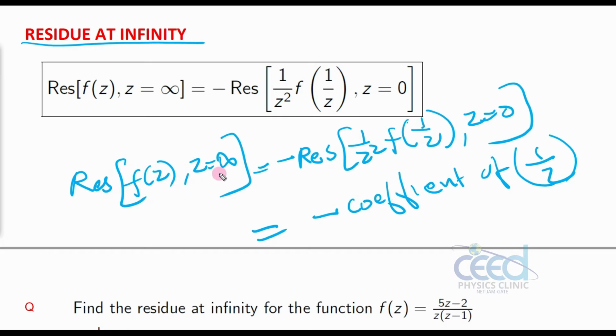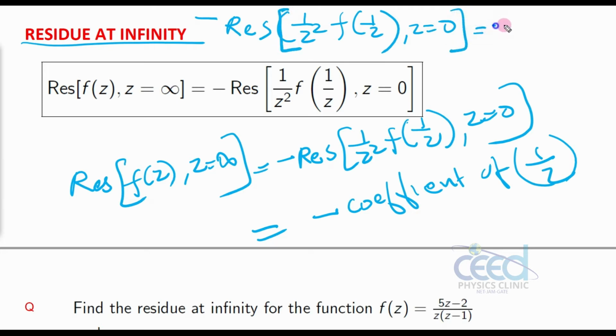Instead of the residue of f of z at z is equal to infinity, I can calculate the negative residue of 1 by z square f of 1 by z at z is equal to 0, or you may calculate the negative coefficient of 1 by z. So I am keeping this equation here, and in all problems we may use this. I rewrite this equation as negative residue of 1 by z square f of 1 by z at z is equal to 0 is equal to negative coefficient of 1 by z, which is equal to residue of f of z at infinity, right? So now I can erase this.